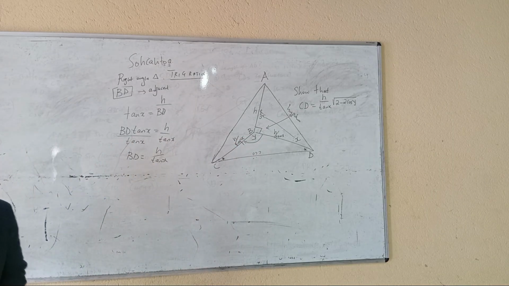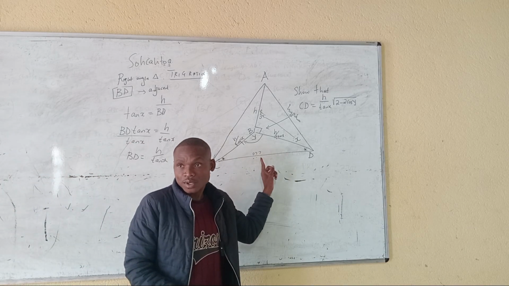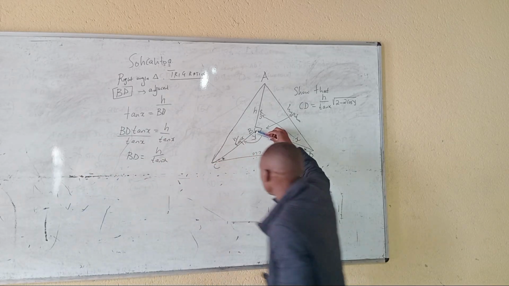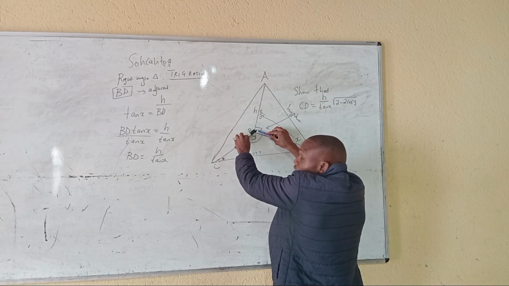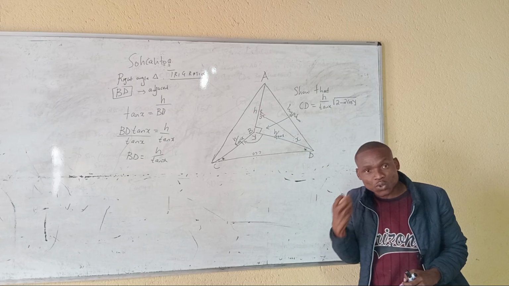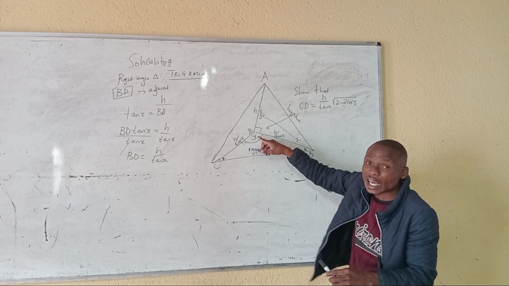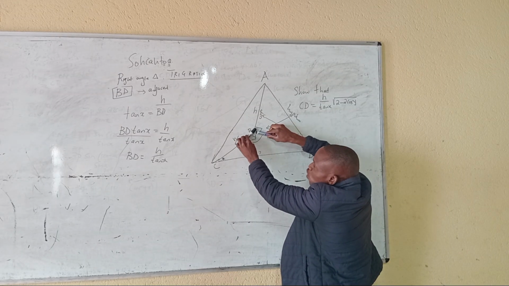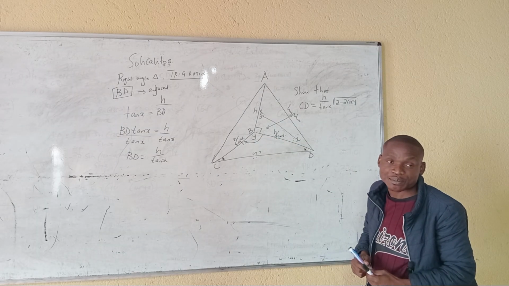Now, I think we can find CD because we have two sides. We have BD and we also have what? BC. We are going to call this angle y, the included angle. Remember, I said if you have the angle between two sides that you know, BD and BC, this angle is your included angle.